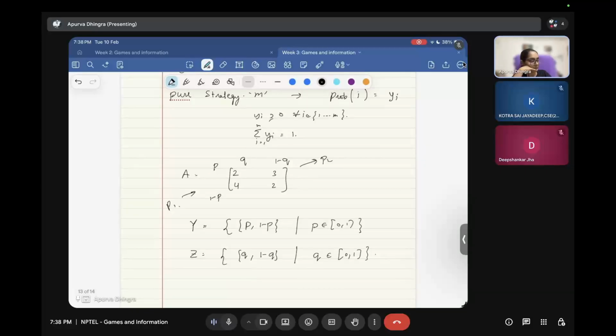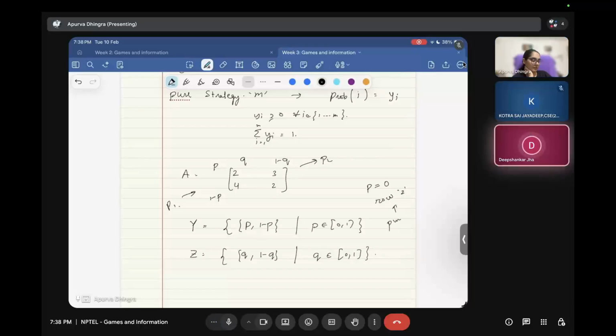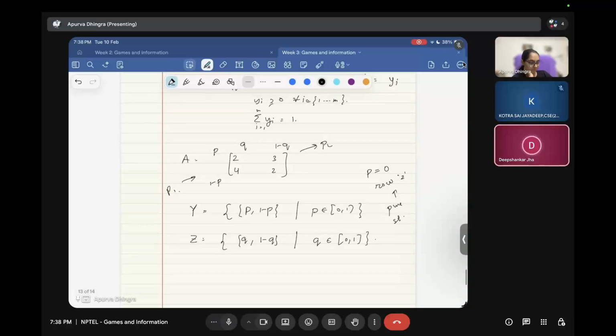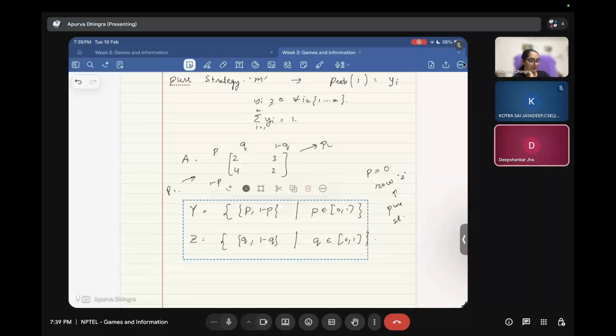By the way, the reason I have put closed brackets is because p can take the value 0 or 1. If it takes one of those values, then what we'd be left with is a pure strategy. Suppose p is 0, then that means we are choosing row 2, so that basically becomes a pure strategy. It's a closed interval, where we can have 0, 0.2, 0.6, something like that, right? Yeah, exactly.